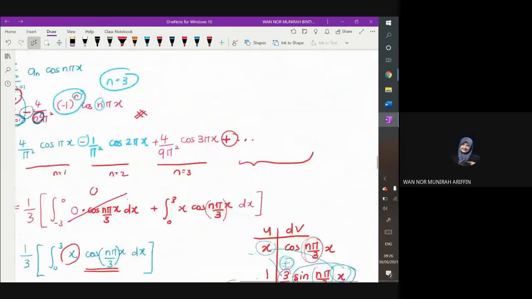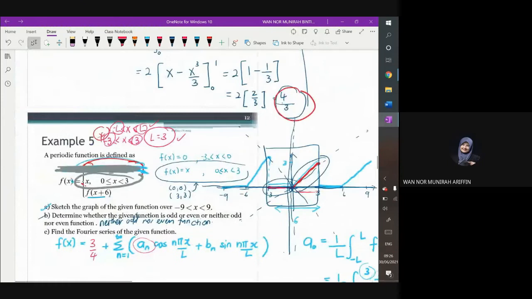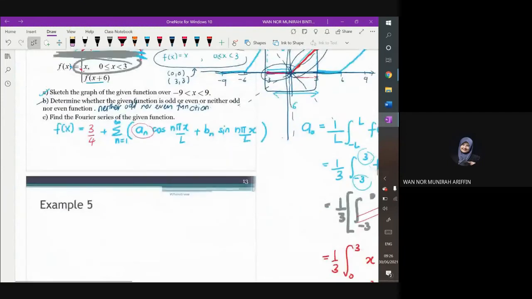So we go back to the function here. What is my an just now? I hope I copied the answer correctly. So my an is 3 over n square pi square, negative 1 to the n, minus 1.